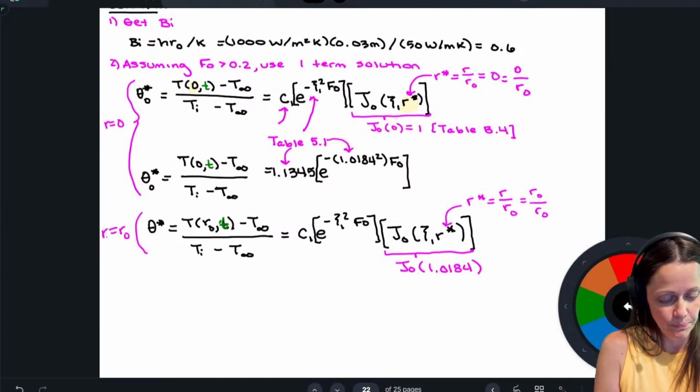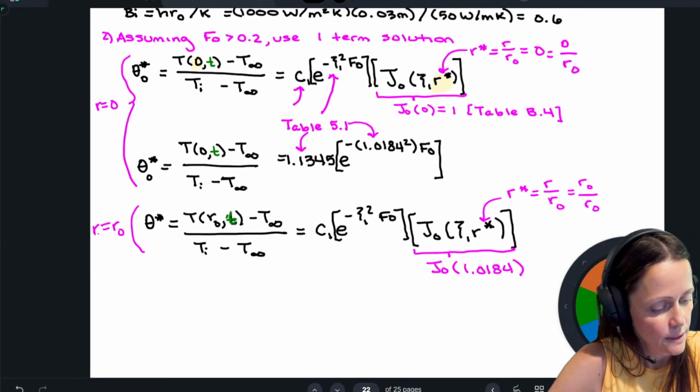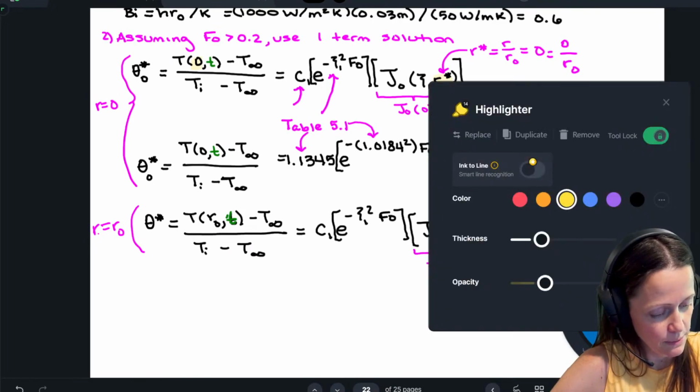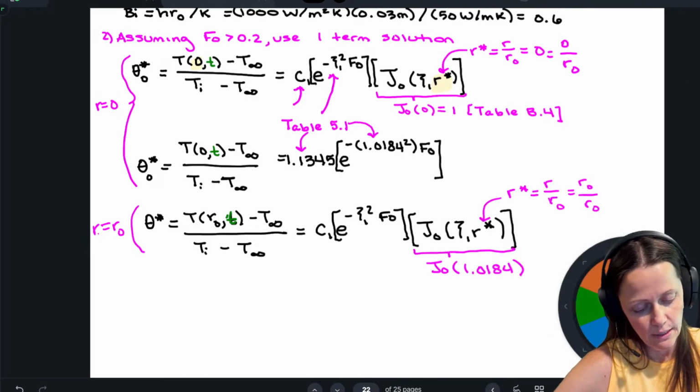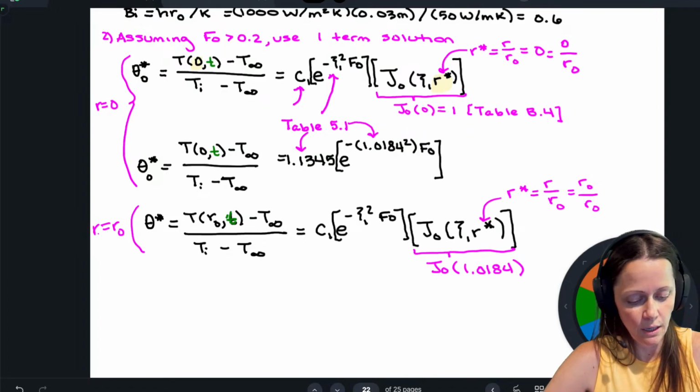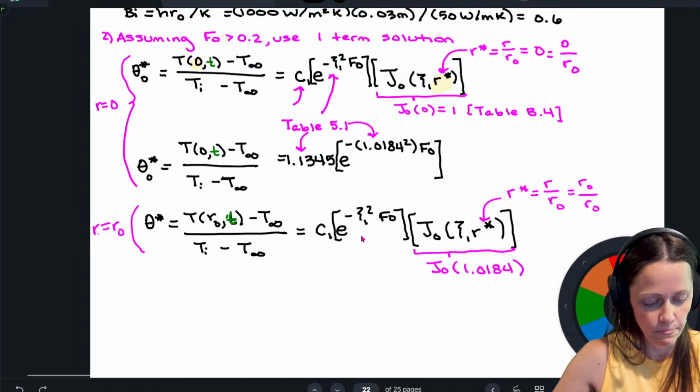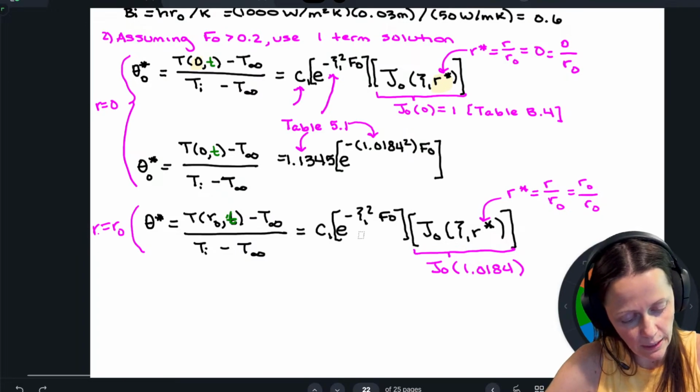It's the same one. So let me highlight some of the similarities between these two guys. Looking up here, I've got a C1 here.